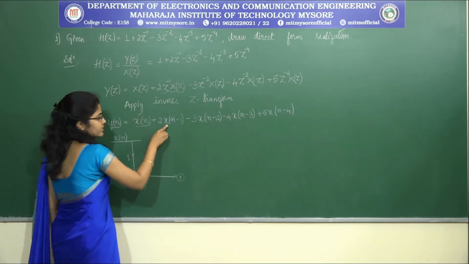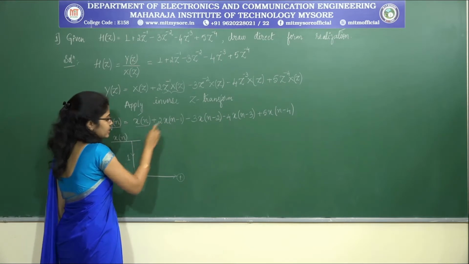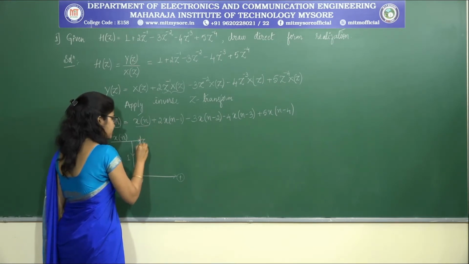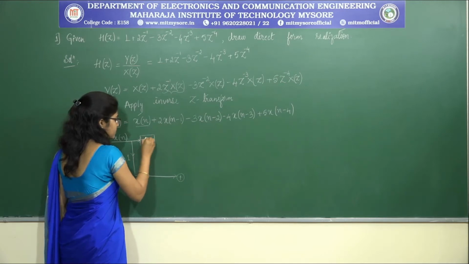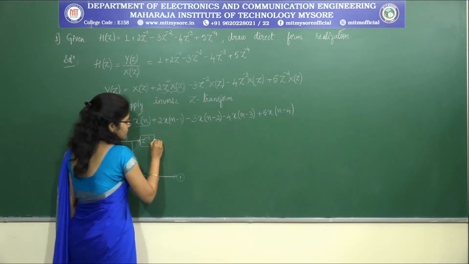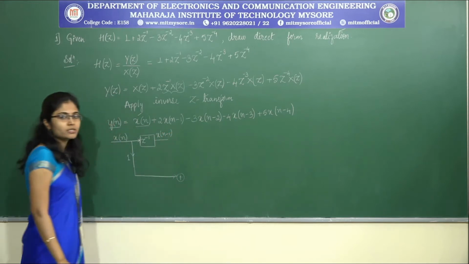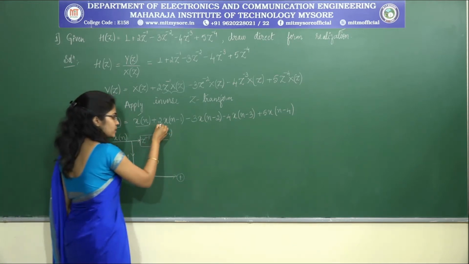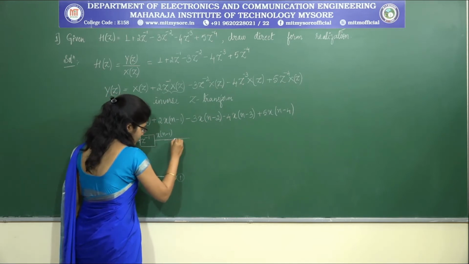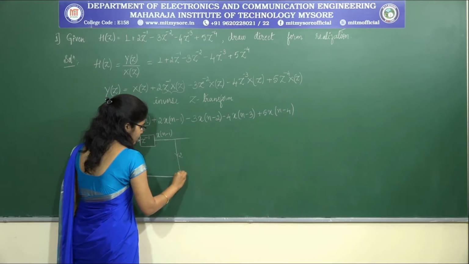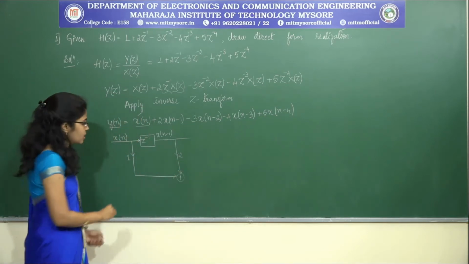Now, moving on to the second term, x is delayed once. So delay x once. This gives us x(n minus 1). What is the coefficient of x(n minus 1)? It is 2. So multiply this with 2 and connect it to an adder.